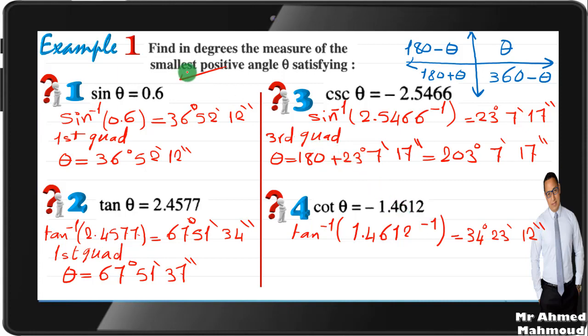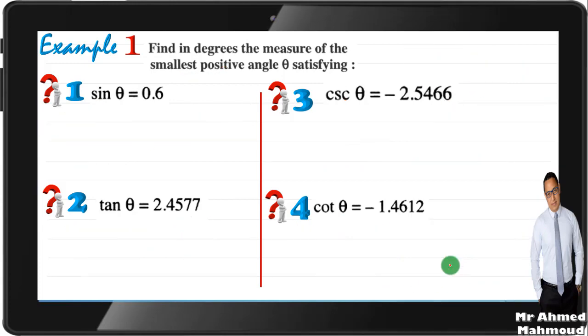Because I choose the smallest, I will choose the second quadrant. It will be 180 minus the angle. So theta equals 180 minus the smallest angle, 34 degrees 23 minutes and 12 seconds. So finally the angle equals 145 degrees 36 minutes 48 seconds.